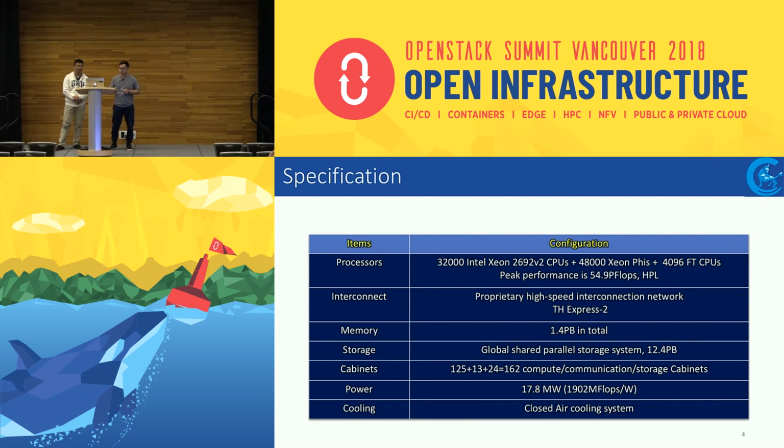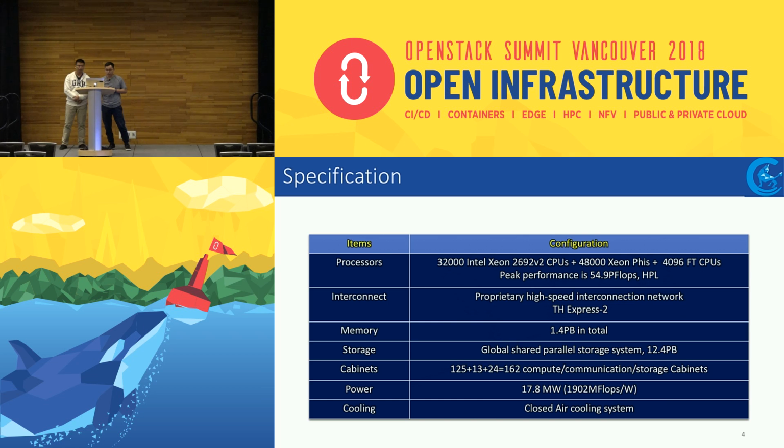The specification. So the whole system contains about 16,000 compute nodes, each comprising 2 Intel Ivy Bridge and 3 Xeon Phi processors. Another thing I want to mention here is there are some other nodes that include GPUs, not mentioned here.